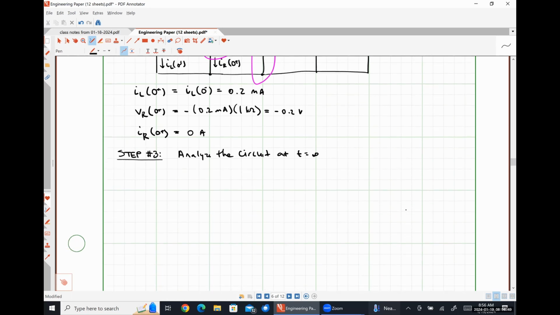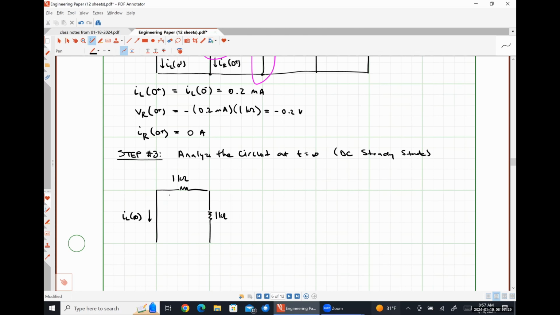Okay. So at t is equal to infinity, we're at DC steady state again, because this is a long time after the transient condition has died out. Our switch is closed and our inductor is going to look like a short circuit. So here is my inductor, through which I have some inductor current IL at infinity. Here's my 1 kilo ohm resistor.